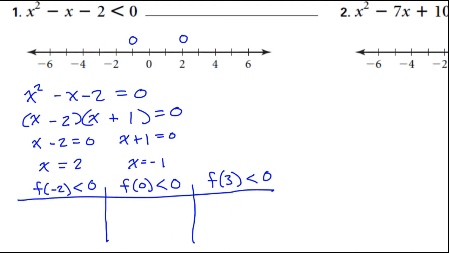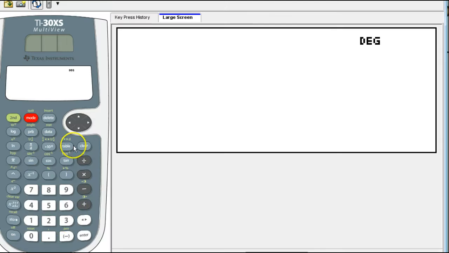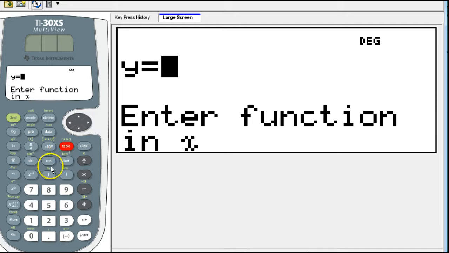Okay, we're going to use our calculator to help us. We should start by typing this function into the table feature of the calculator. So on this type of calculator, a TI-30XS MultiView, we would hit the table button like this.